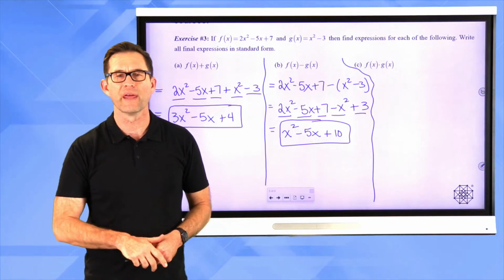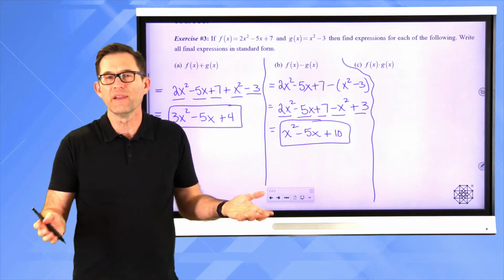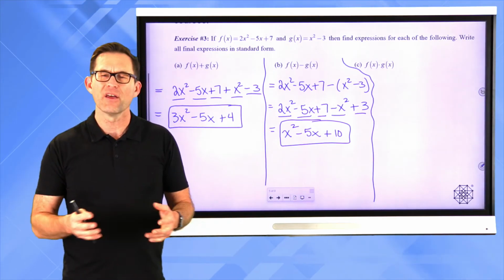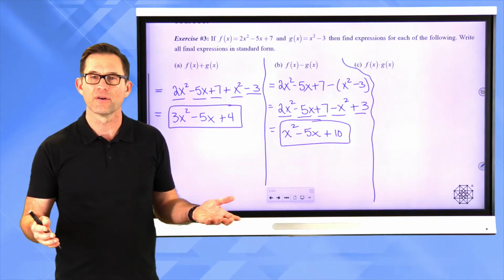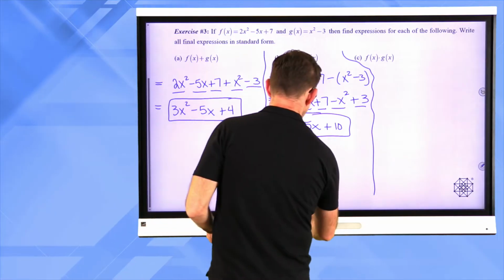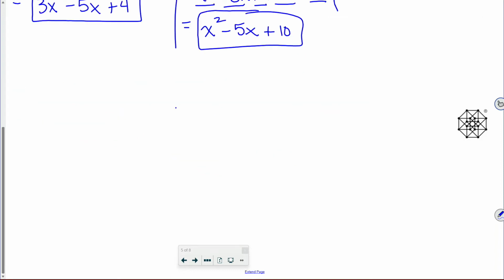Okay. Now the last one, f of x times g of x. That's much more complicated because unlike letter A and letter B, where we're just really combining like terms, when we multiply two polynomials together, it always becomes a little bit trickier, all right? And in fact, maybe we'll come down here to give ourselves some more room, so let me just extend the page.